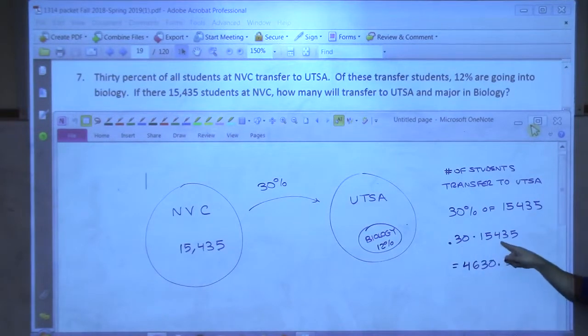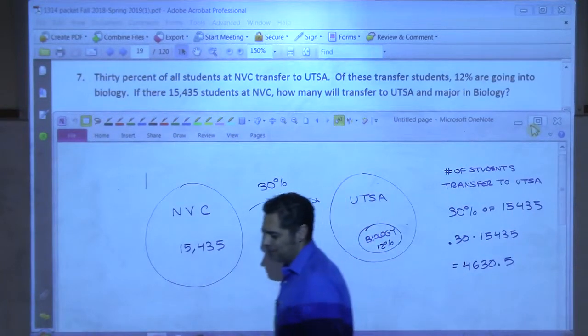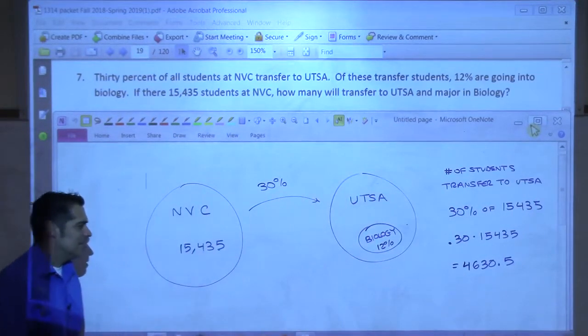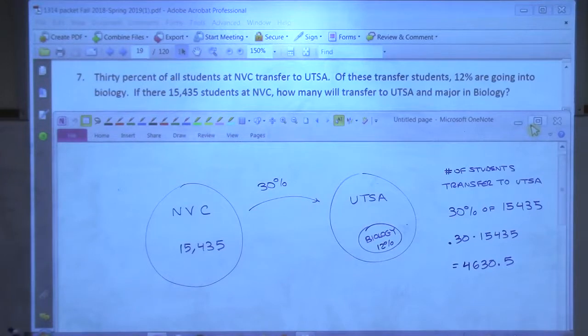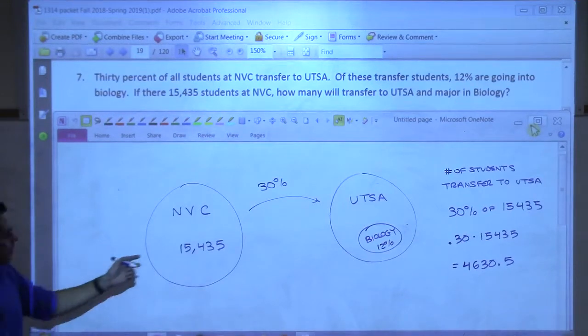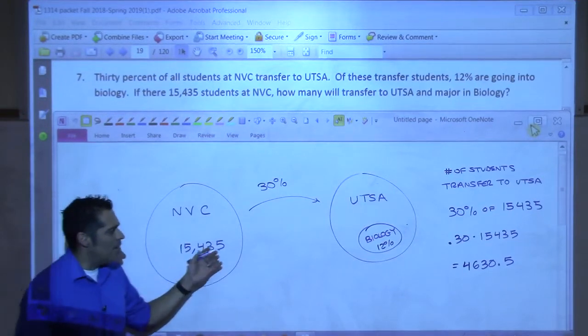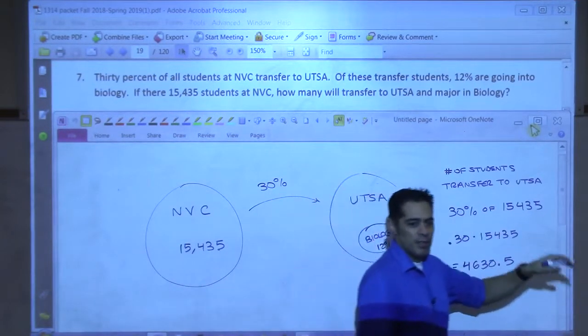If you do 0.3 times this, you get that, all right? Now, ignore the fact that you get 0.5. I mean, you don't have half people. Well, it's 2019. You can have a lot of different things. So let's just leave it as a decimal, all right? So of the 15,000 students, roughly about 4,600 of them are going to go to UTSA.